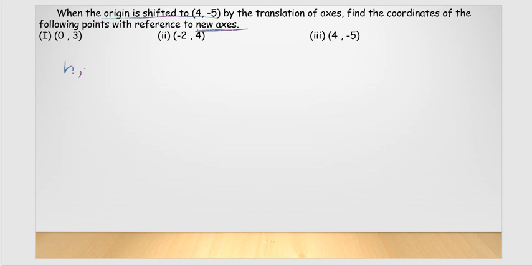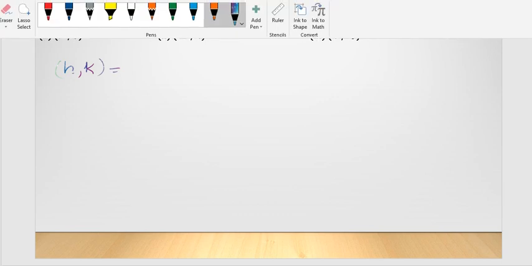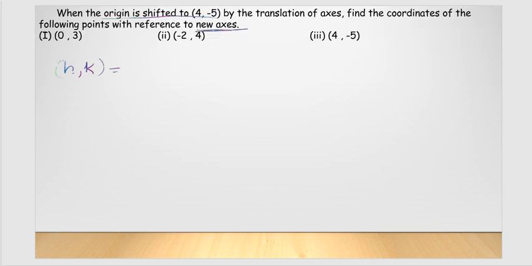So h comma k is equal to 4 comma minus 5. For each and every question, h comma k is 4 comma minus 5 only, right? Now for the first question, what is he asking you to find? The coordinates with respect to the new axis.